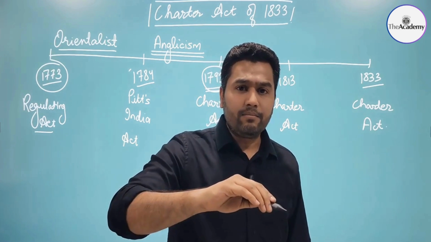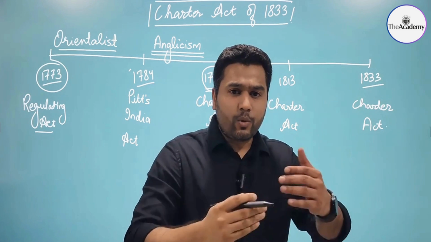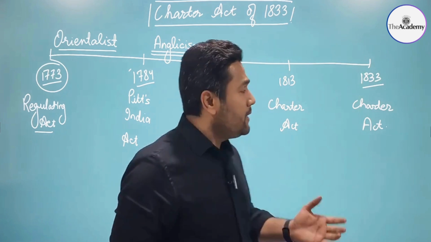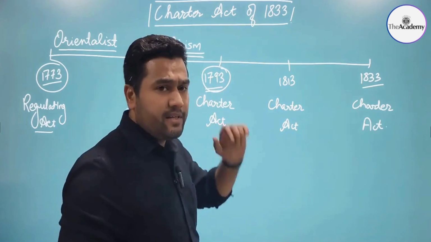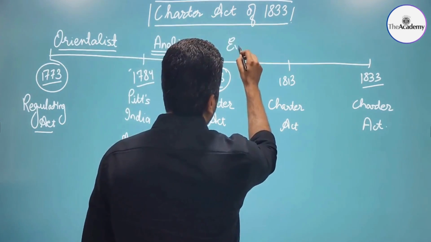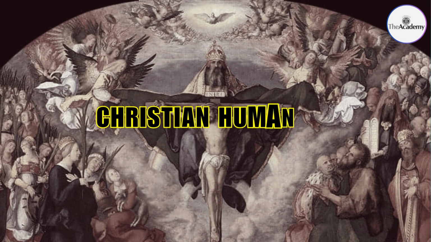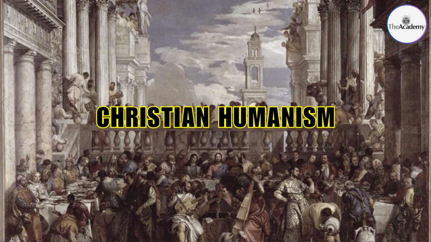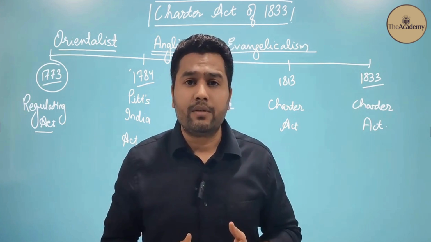This Anglicism was intertwined with the company's objective. However, by the 1800s onwards, we see there was Christian humanism. There were Christian humanists who were sympathetic to the cause of Indians.